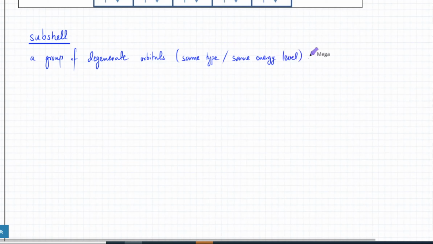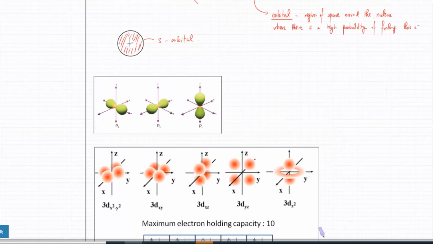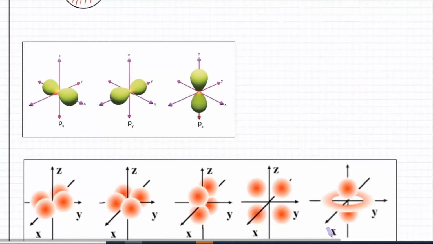So an example of a degenerate orbital is your p orbital. If you look at px, py, and pz, they are identical in every way.